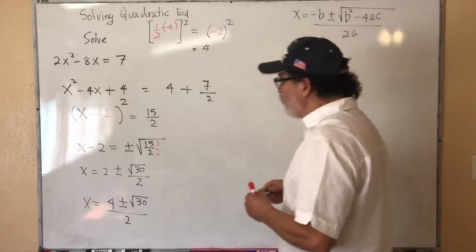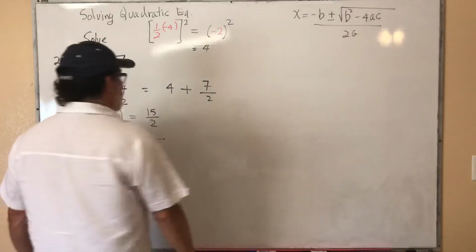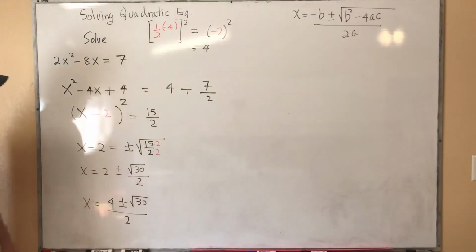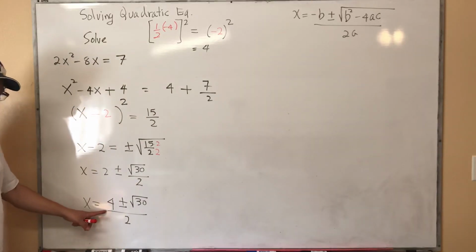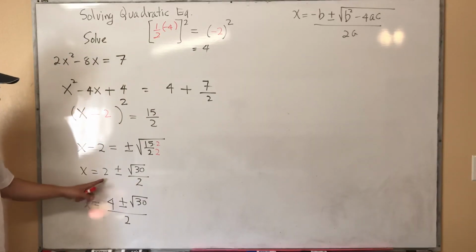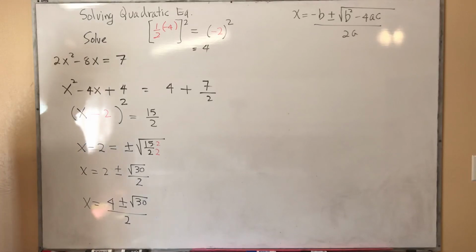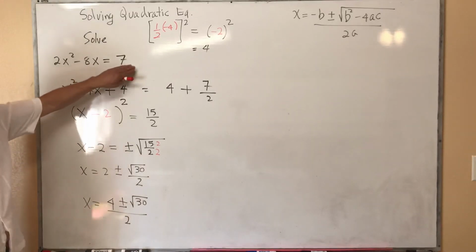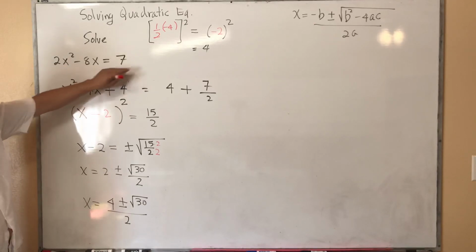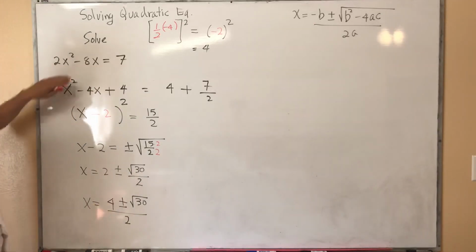That's the quadratic formula, okay? If we use the quadratic formula, we better get this answer, which is equivalent to that. Now, if you use the quadratic formula, you have to set it equal to 0. So this, you better set equal to 0.